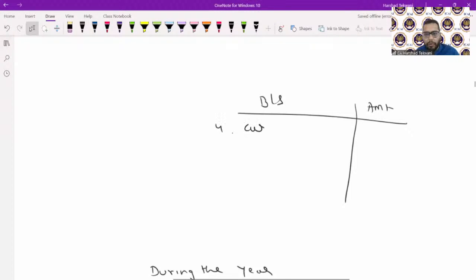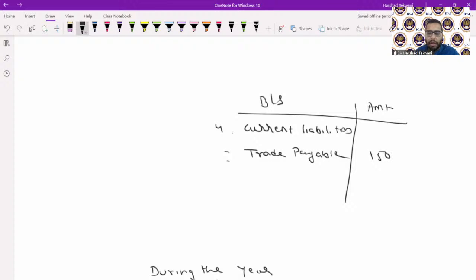Let's say under current liabilities you have various items: trade payable, say 150, and the rest like short-term provisions, and the same way for the rest of the disclosures. This was how it was disclosed in the balance sheet.